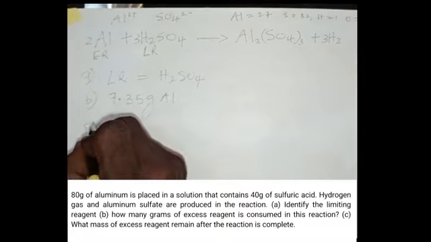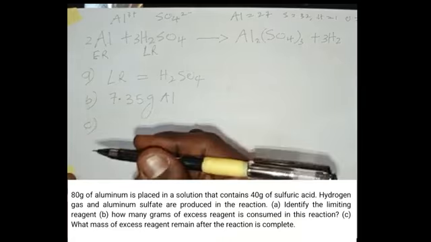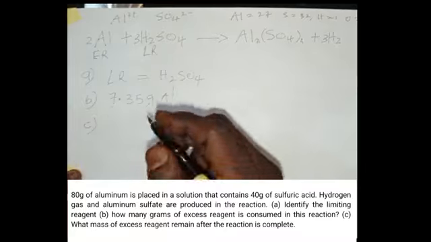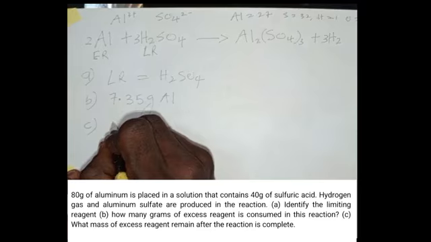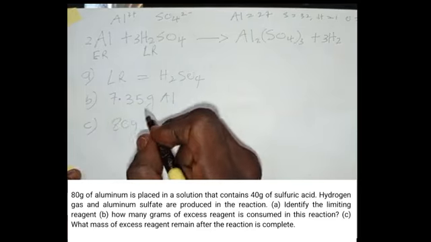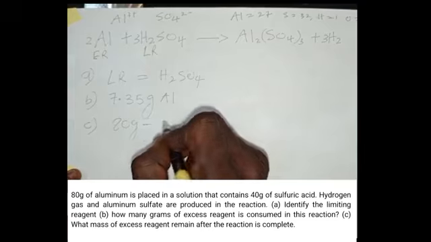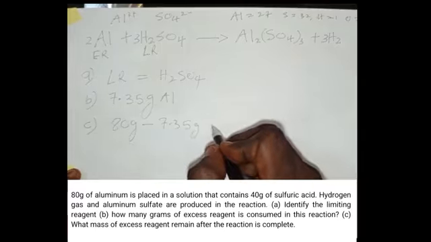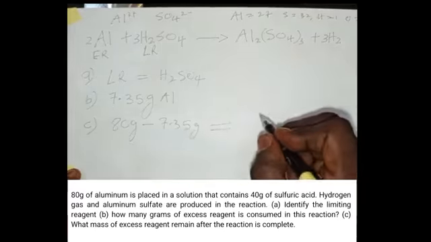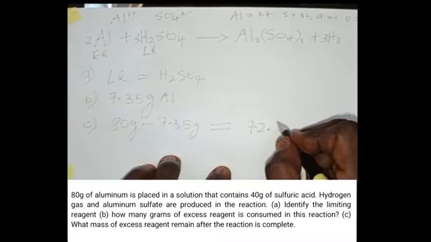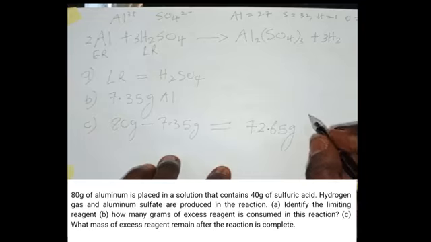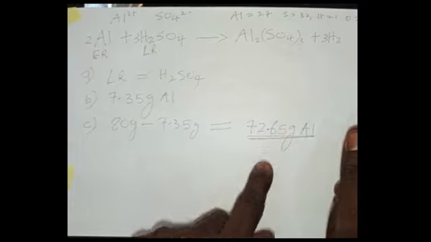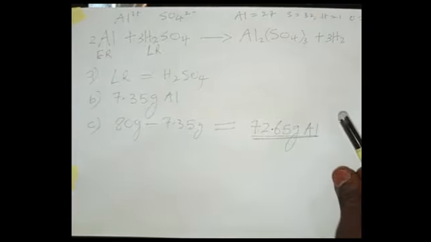Then the last thing we did, as for the C part, we calculated the amount of excess which remained after the reaction was complete. Since we are given about 80 grams total and about 7.35 reacted, so the amount of unreacted that will be left is about 72.65 grams of aluminum. So this is the amount of excess which remained unreacted. Let's now go to the next question.